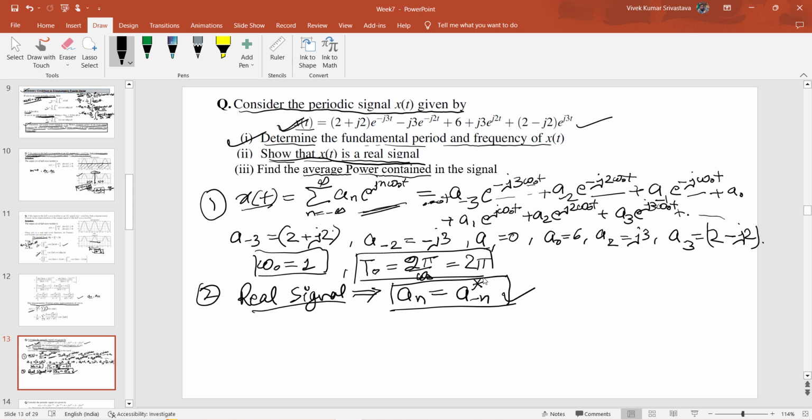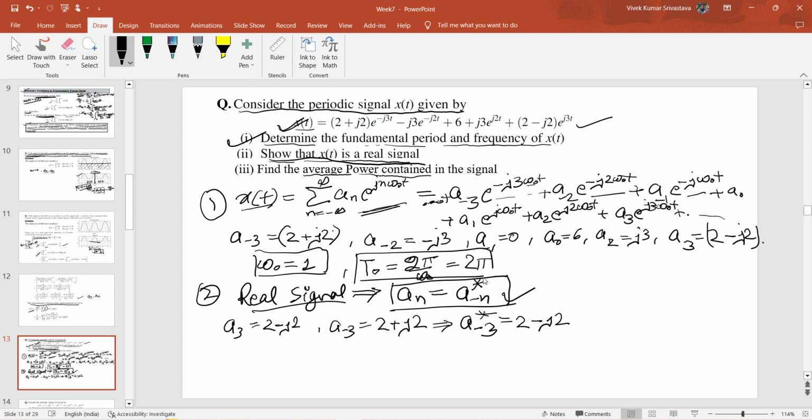Let us check: a of 3 is 2 minus j2, whereas a of minus 3 we calculated as 2 plus j2. Taking the conjugate of a of minus 3, you get 2 minus j2.